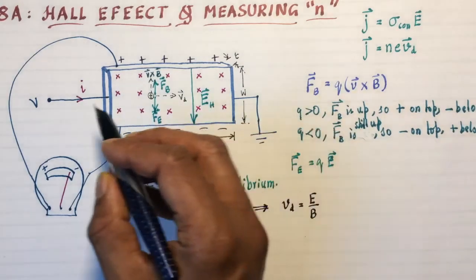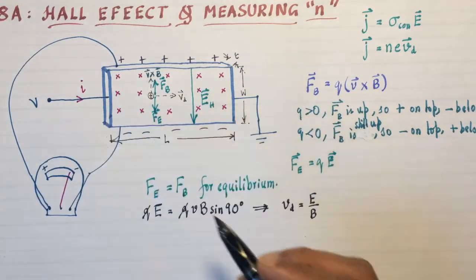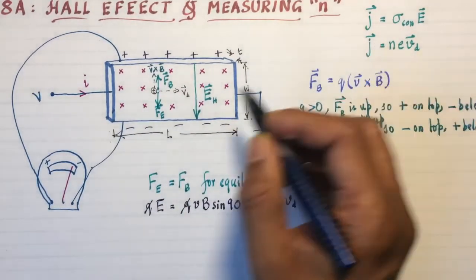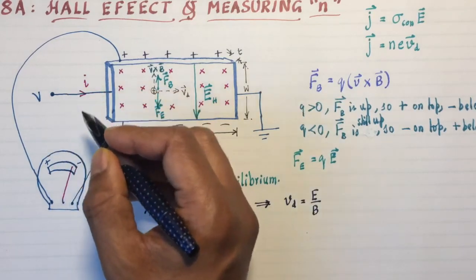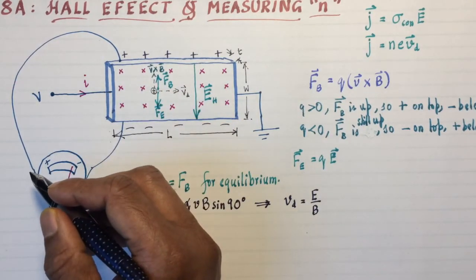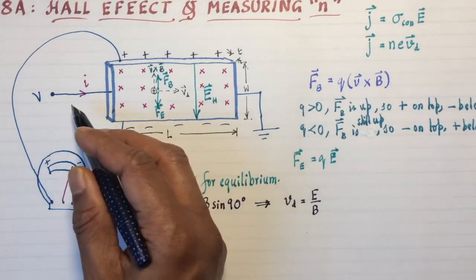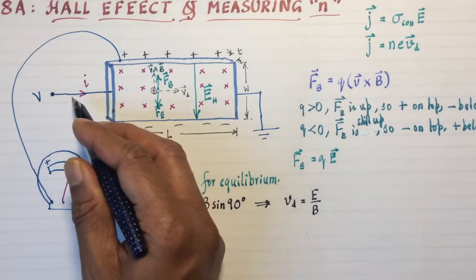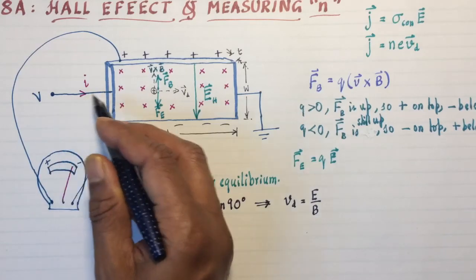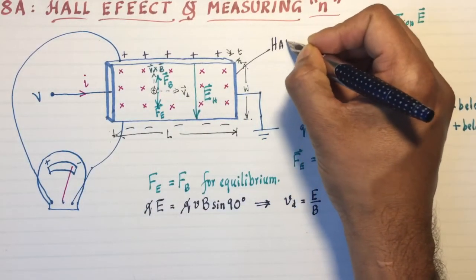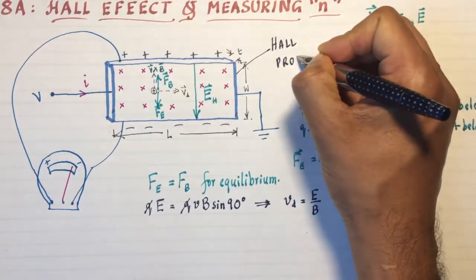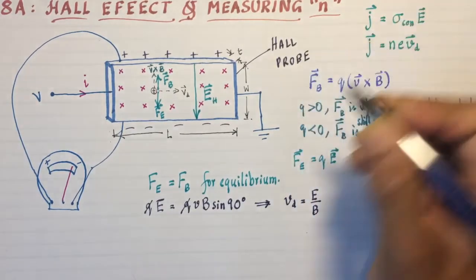Now the current in a wire can be found by simply measuring it using an ammeter. So we'll assume that the current is known in this situation. If the current is known by putting an ammeter in series with the Hall probe, then we will know the current.